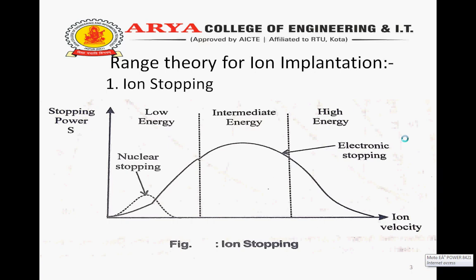The initial ion energy, 100 keV, is much higher than the lattice binding energy. The total stopping power of the target S is defined as energy loss per unit path length x. This is the sum of two terms: S equals dE/dx nuclear plus dE/dx electronic.